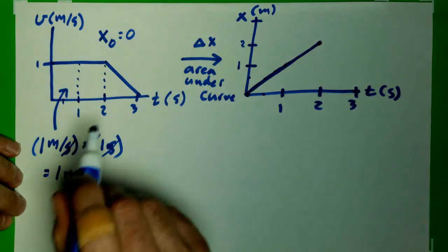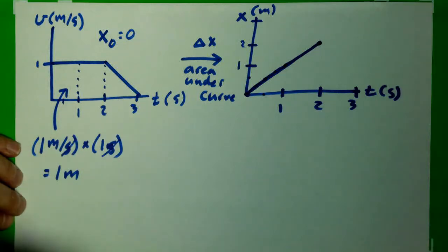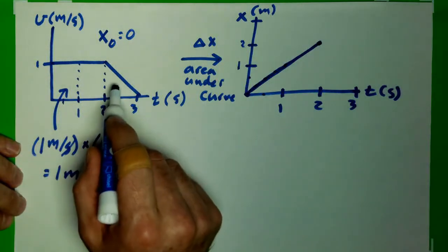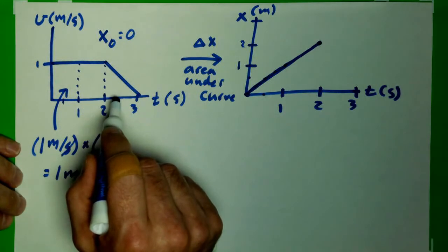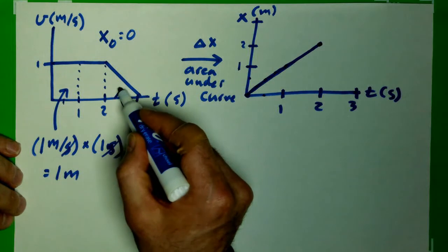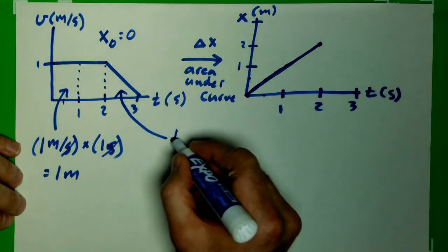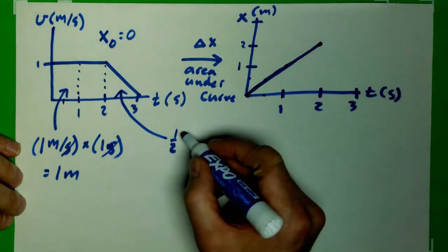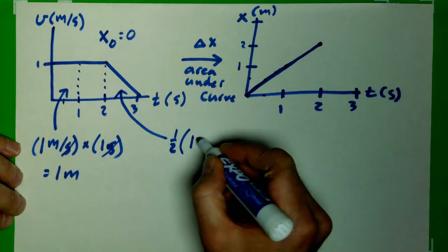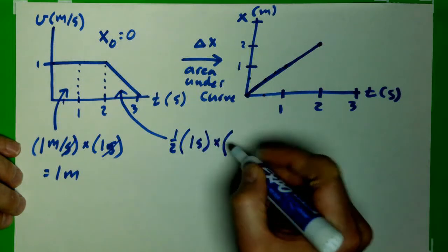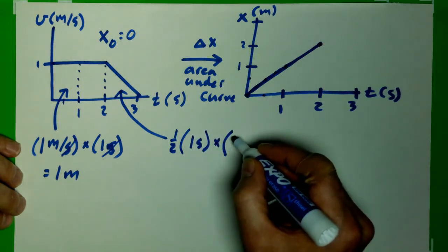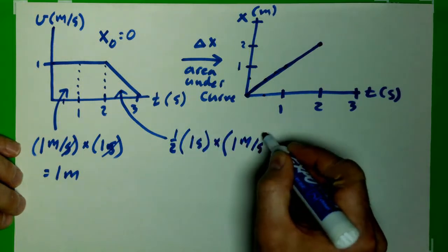Well, the area under this curve is a triangle. So the area here is 1/2 times base times height. So I have the 1 second times the height of that triangle, 1 meter per second.